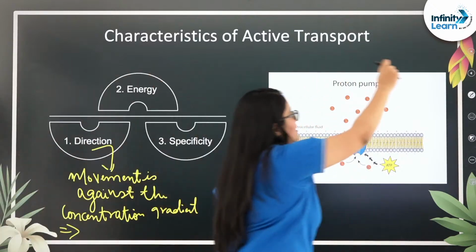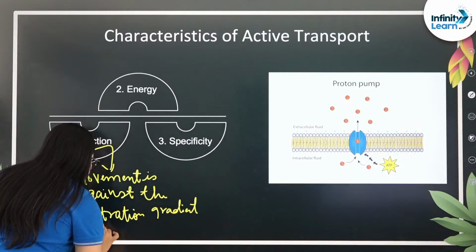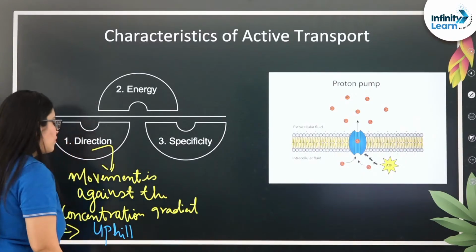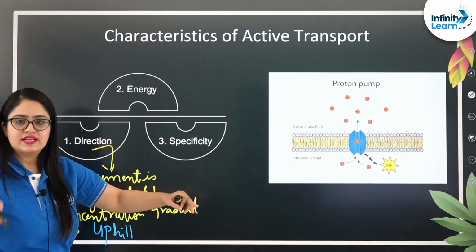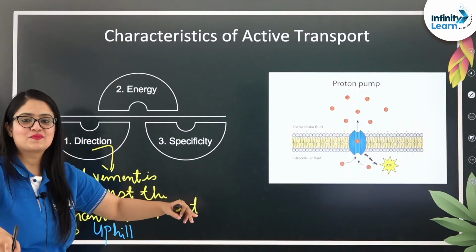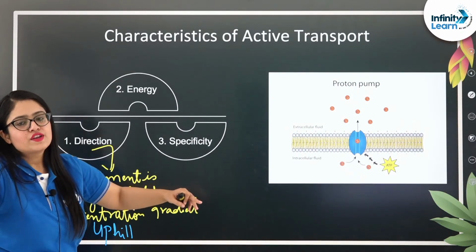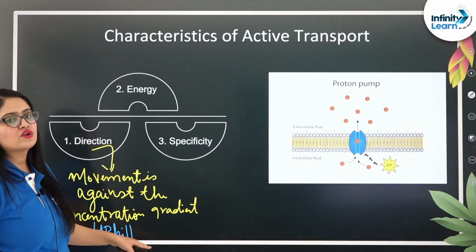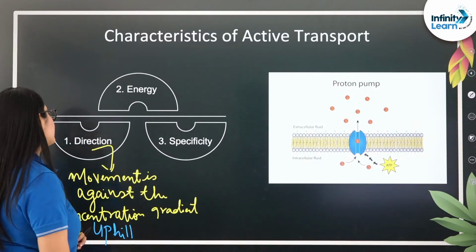What is it termed as, my lovely kids? It is termed as uphill. So in modes of transport, very simple students, only active transport is uphill. Facilitated diffusion and simple diffusion were actually downhill, but the active transport is uphill because it is against the concentration gradient, from lower to higher concentration region.